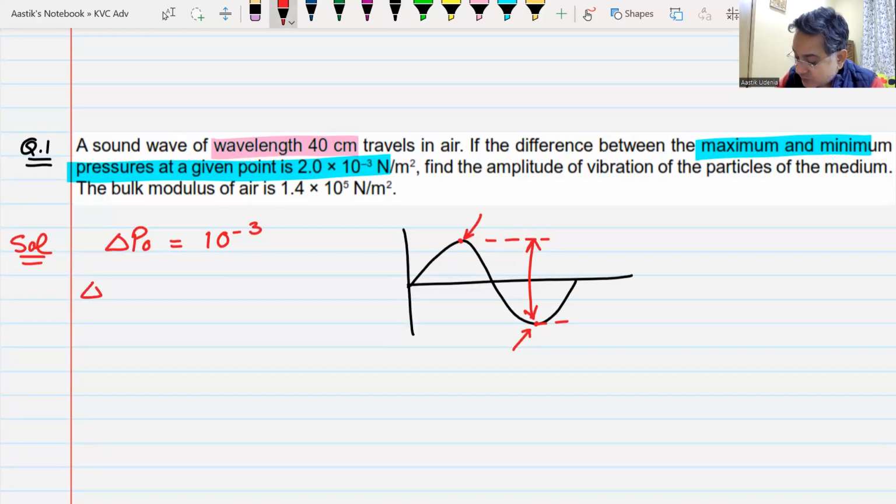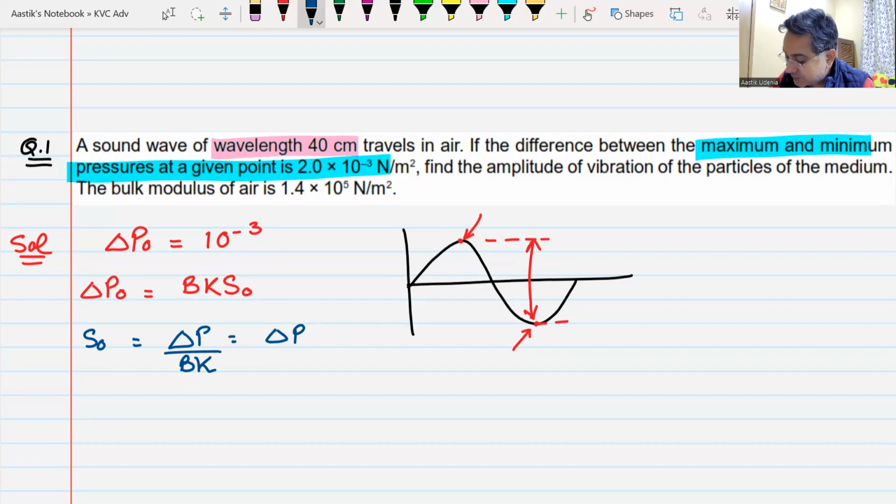Now I just need to apply that formula. What was that formula? Delta P naught is B K S naught. And I get my answer. Your S naught will become delta P by B into K. K is not given, but lambda is given.